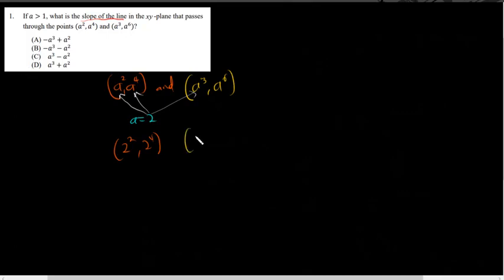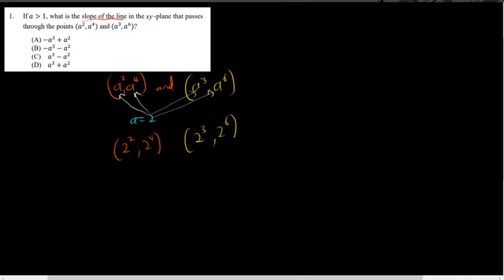I'm going to get 2 raised to the power 3, and if I continue to put in the value of a, that is 2, I'm going to get 2 raised to the power 6. Now what I'm doing here is that I'm trying to guess the value of a. Just put in any number, don't put in a huge number that you end up suffering.